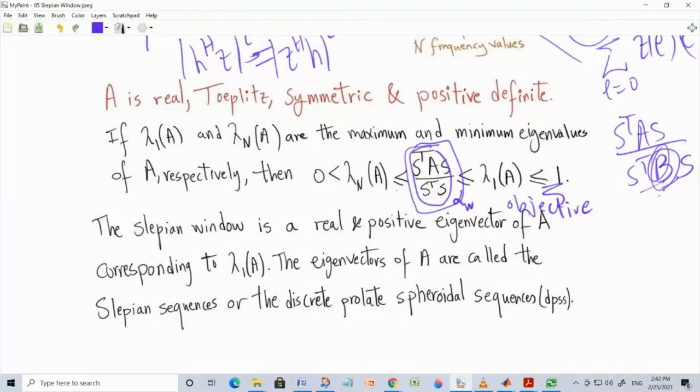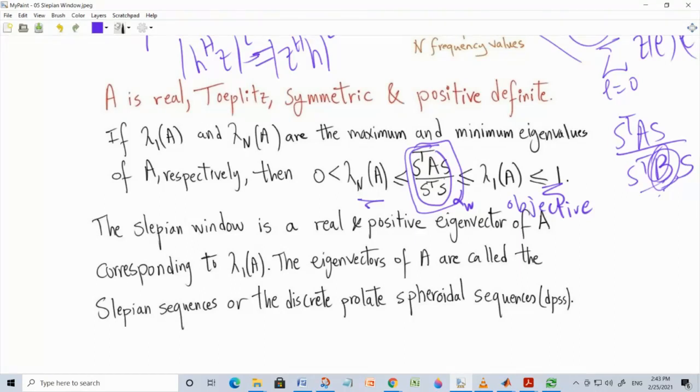And by the way, this is true for a real valued symmetric A, even if it's an indefinite matrix. The Rayleigh quotient is lower bounded by the minimum eigenvalue and upper bounded by the maximum eigenvalue for any such matrix, which may have a mixture of positive and negative eigenvalues.